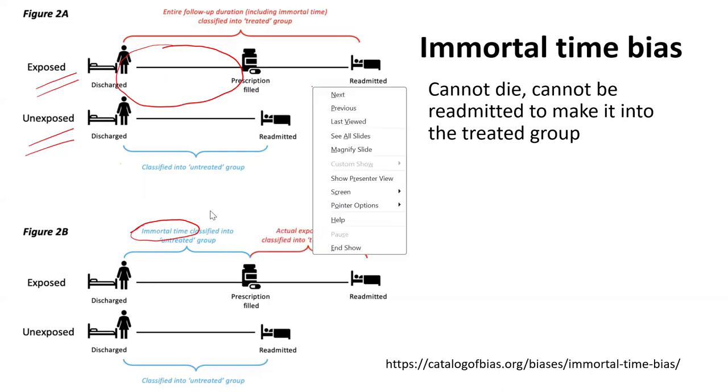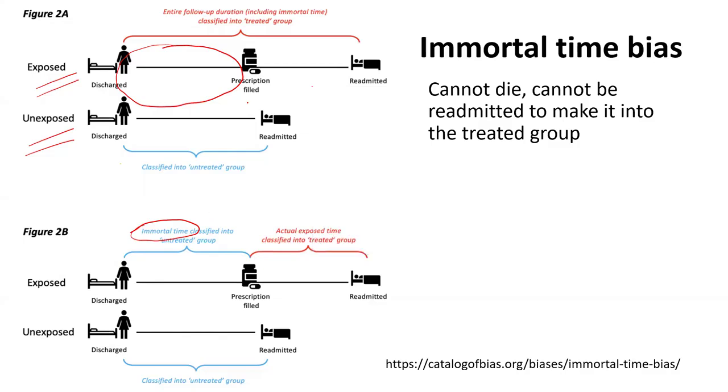So when you are doing such kind of studies where you know that the exposure has not occurred at the time of making these groups, you have to consider the person time in the denominator. This is the solution for immortal time bias. It means this much period of the exposed group has to be put in the unexposed group, and the correct period for the exposed group has to be considered as the exposed period.